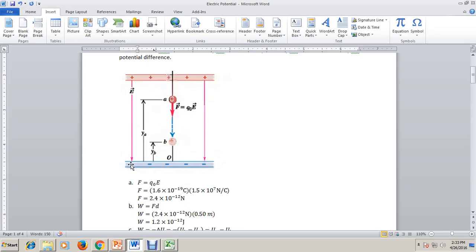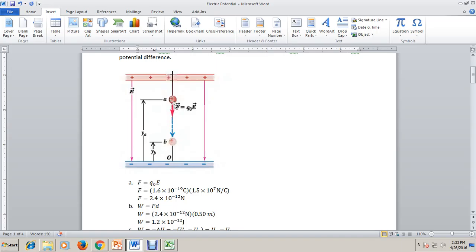At the same time, the lower plate is negative, so it would attract the proton, since the proton and the lower plate are of opposite signs. Therefore, the natural tendency of the proton is to move from point A to point B.